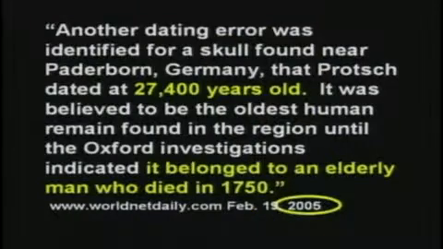He had said he had found the oldest German, the first German to ever move to Germany, 27,400 years old. They tested it at Oxford and said, this is an old man that died in 1750. He's 250 years old. The professor had been lying about this stuff for decades, and so he finally resigned.